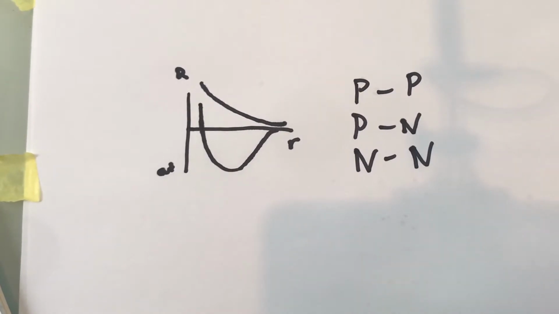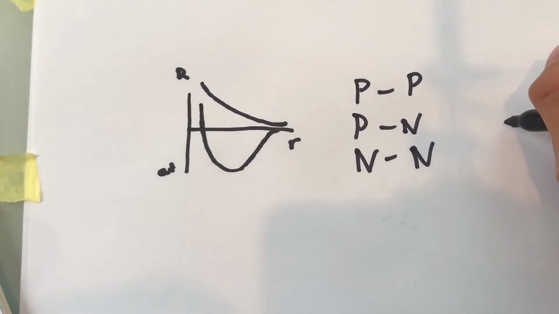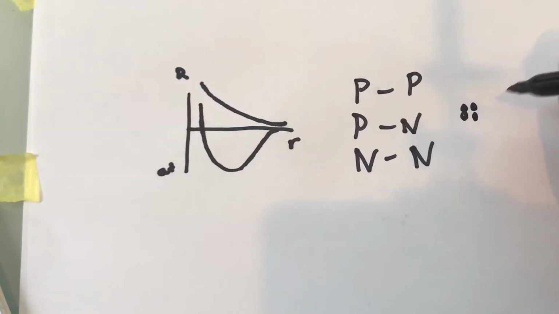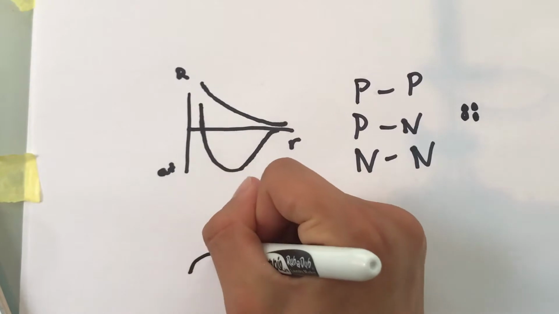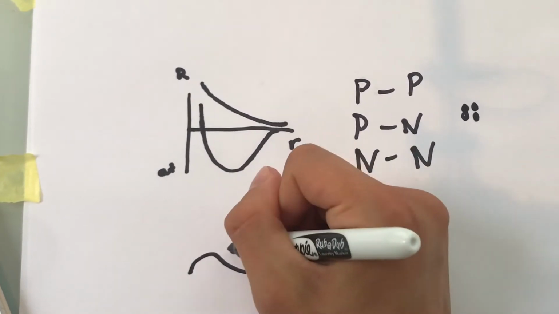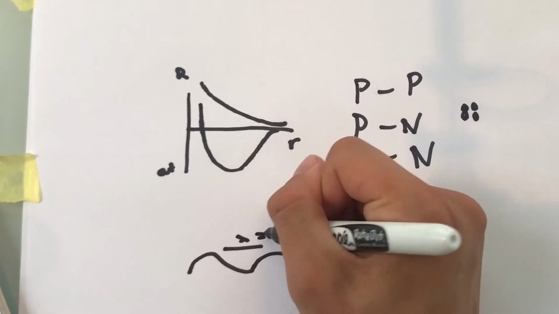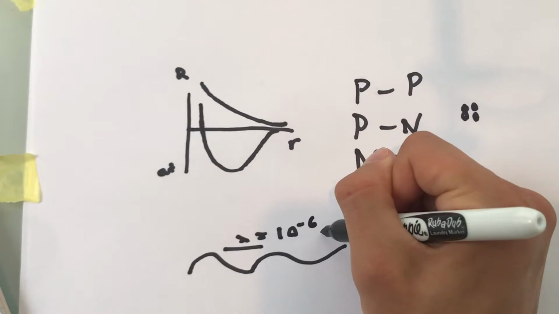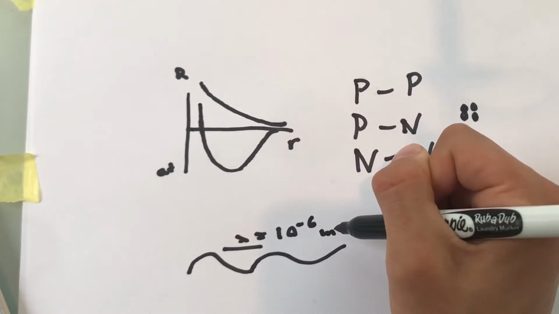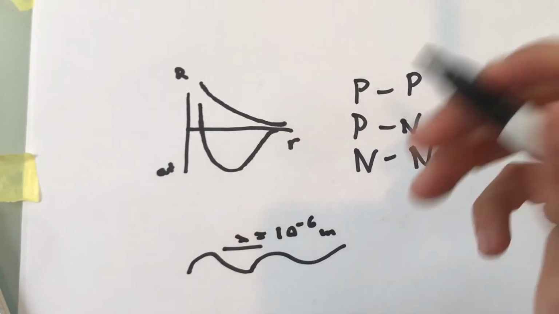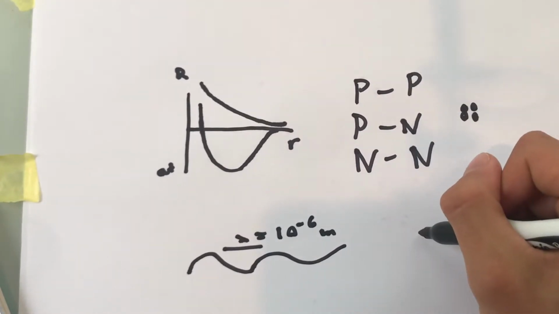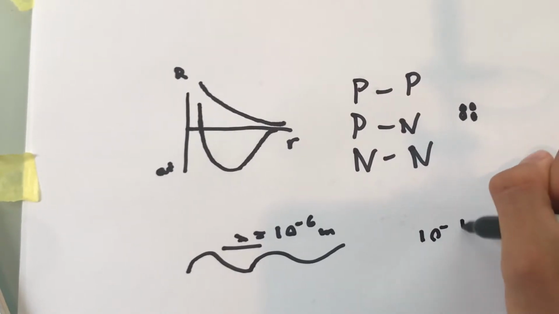But the question now is, how are we supposed to study the core of the atom? Visible light has a wavelength, lambda, of just about 10 to the minus 6 meters, whereas the nucleus, or the core of the atom, has a width of around 10 to the minus 14 meters.